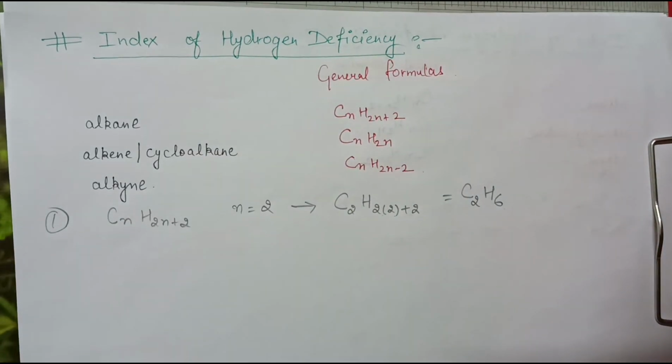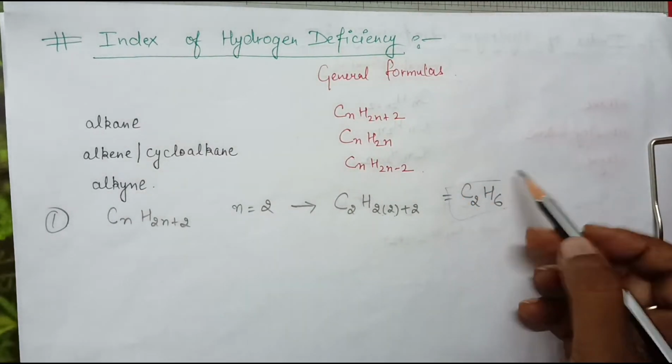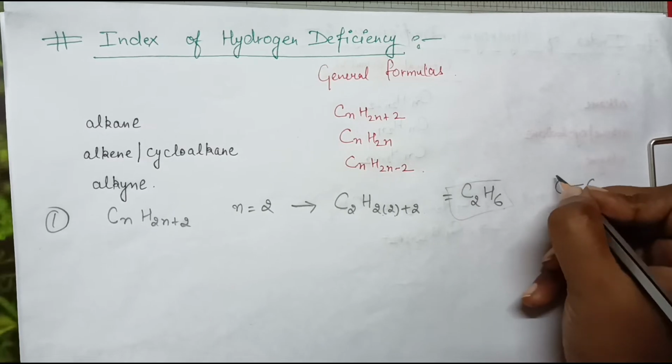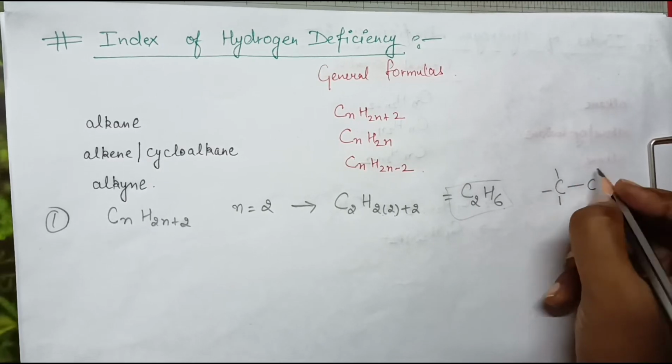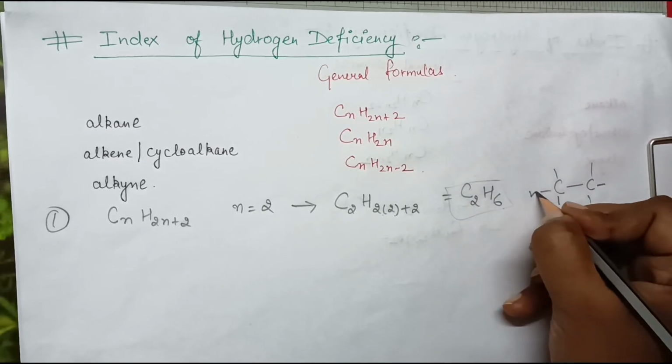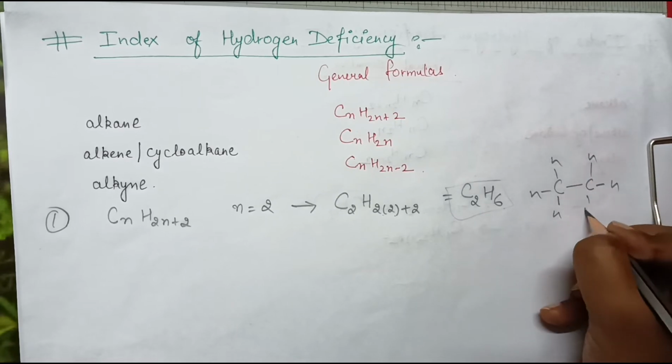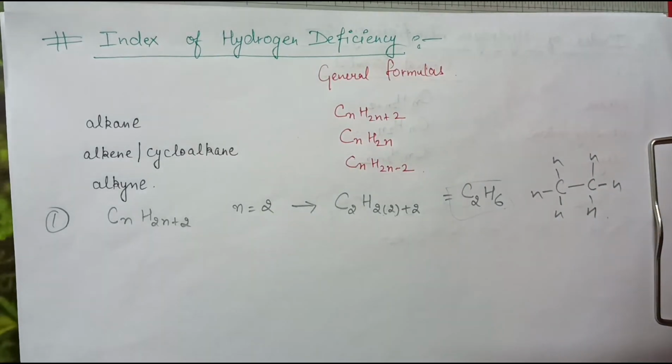So the formula will be C2H6. This is the formula of an alkane, as you can see, this is the formula of ethane.